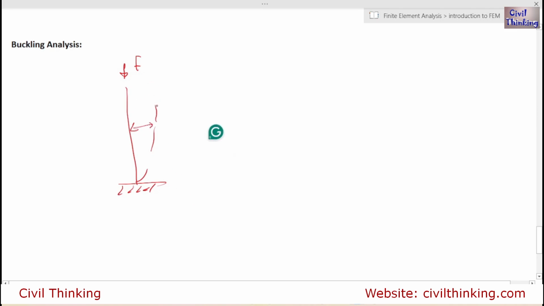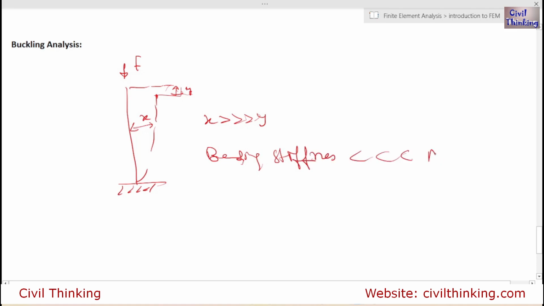When you apply this force, the axial length will also decrease. Let us call this y, and let's call this x. x is very large compared to y. So in case of buckling, what happens? The bending stiffness, because it will bend like this, is less than the axial stiffness.